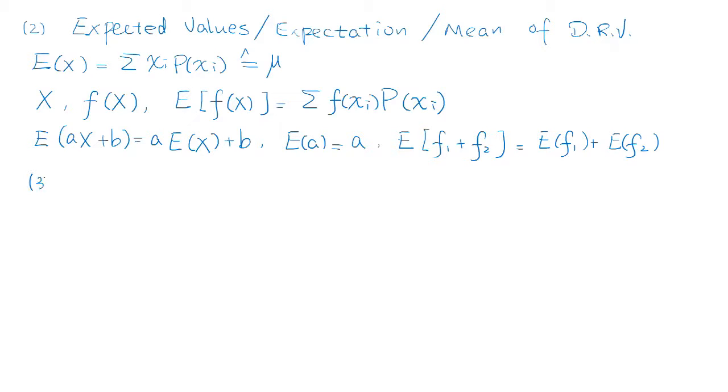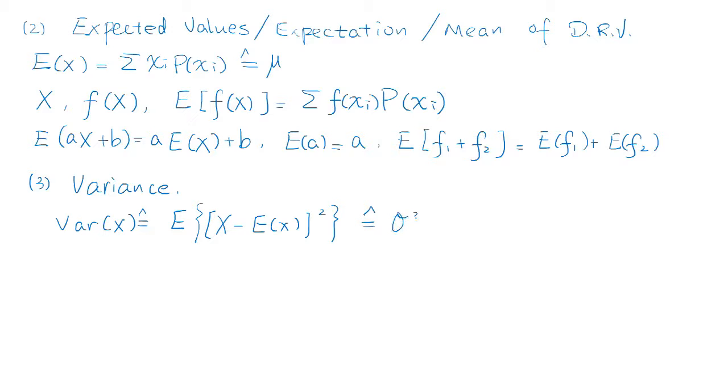Okay, third, we learned what variance is. By definition, the variance of x is the expected value of (x minus E(x)) squared, which is denoted by sigma squared.